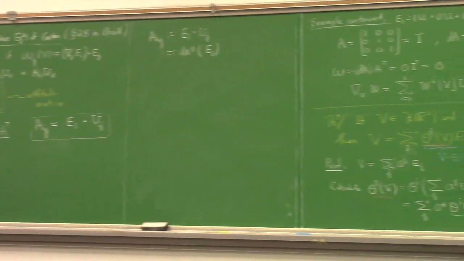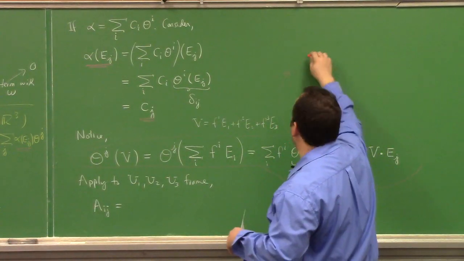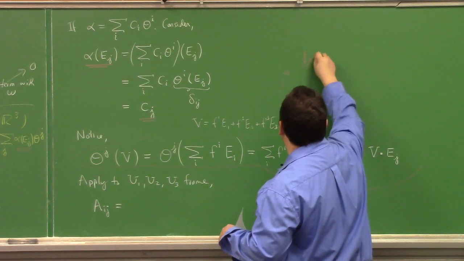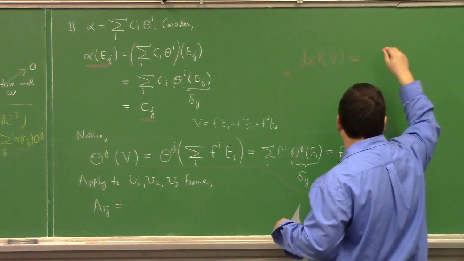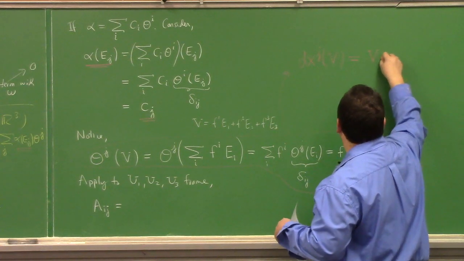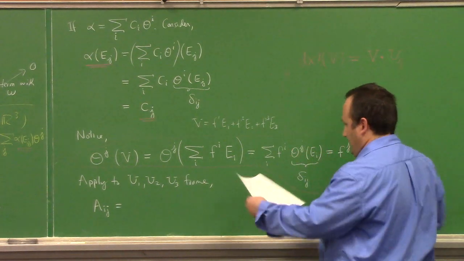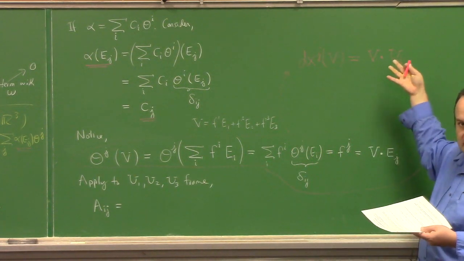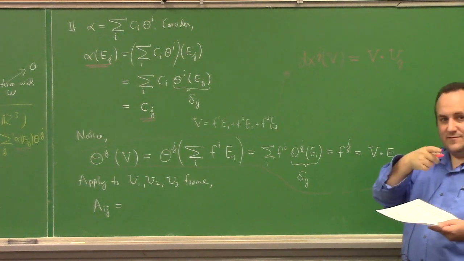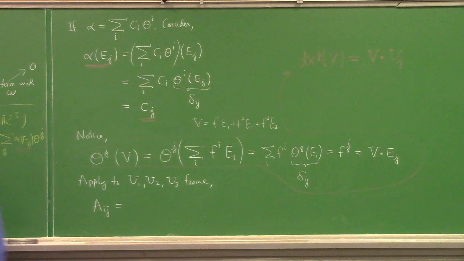A specific instance of this looks like dxj acting on V is equal to V dot uj. If you look at this calculation in the specific instance of the Cartesian frame, we got this. Oh, you got it? Okay, cool. So I did that over here. Now what?